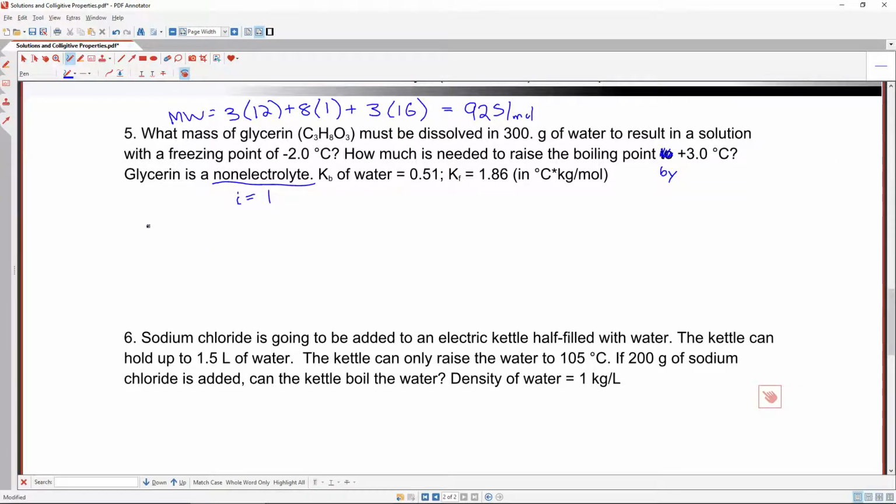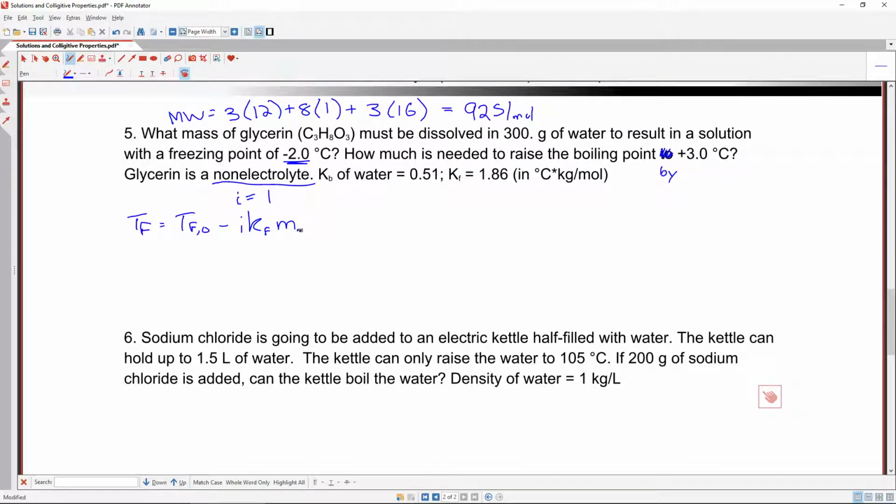Cool. So we have a solution with a freezing point of -2. That is identical to a freezing point depression of 2, because the freezing point of water is 0 degrees Celsius. But we'll go through the formula. Tf is equal to... oh, no, hold on. Tf equals Tf naught, our normal freezing point, minus i Kf times our molality.